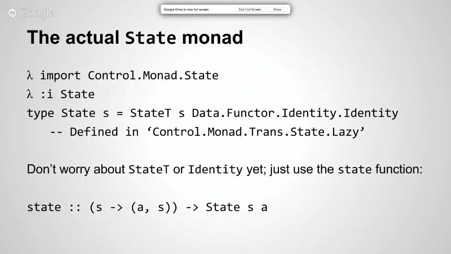So an IOA is an action that can do arbitrary stuff that the computer can do, and it returns an A. A state SA is a stateful action returning an A, but the only stateful capability it has is mutating that S. So you're saying, okay, there's some state S, and a state SA has access to that S to produce the A, and it also can alter that state S, but it's explicitly threaded in.